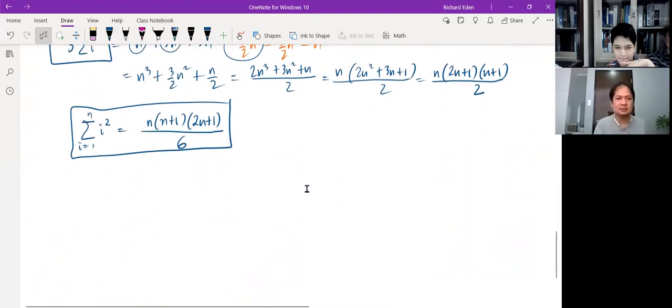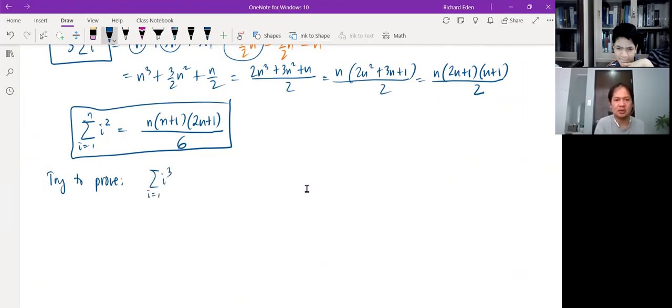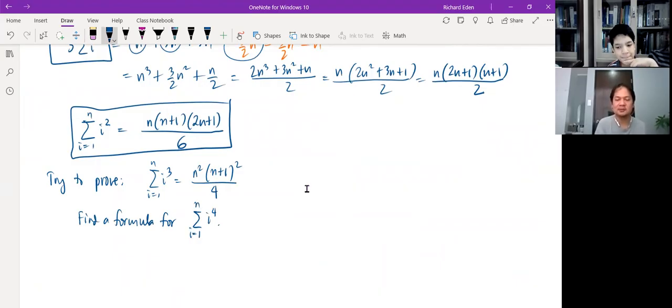Okay, so try to prove that the sum of the first n cubes is n squared times n plus 1 squared over 4, and then find a formula for the sum of the fourth powers of the positive integers from 1 up to n.